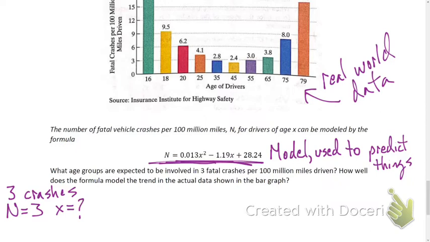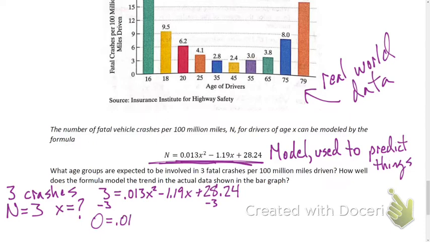So what you need to do is plug in the 3 in place of n. Write the rest of the equation. And go through your 2 steps to solve a quadratic equation. I need to set it equal to 0, so I need to get that 3 on the right side. And that's pretty quick.